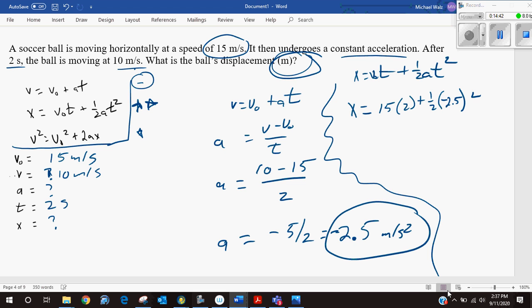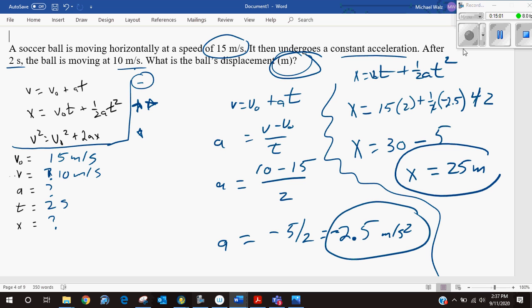T squared is 4. I'm just going to put that in there right away. Cancel that out. I got a 2 there. So my displacement is 30 minus 2 times 2.5, 5. Our displacement is equal to 25 meters.